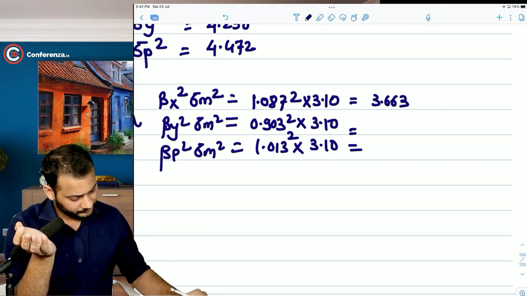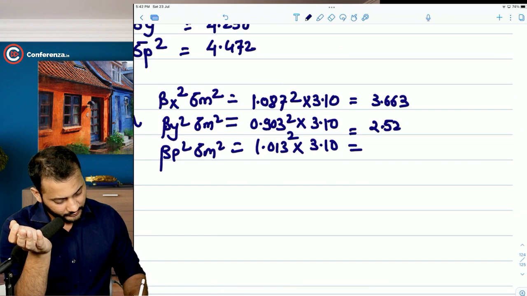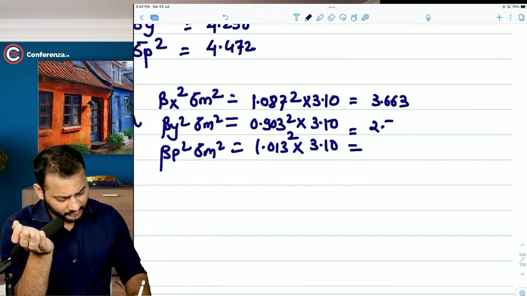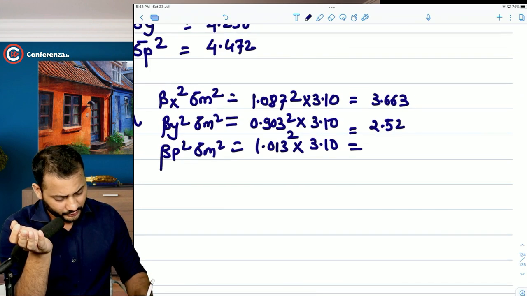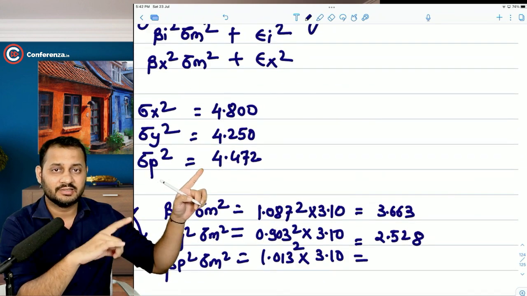3.663, 2.528. Please understand the chronology. We should already know that the total risk is in 3 decimals.